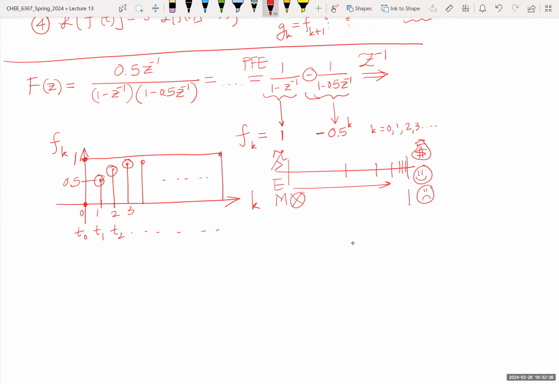So we have that f of z is this expression. So I can make this f of z to be the transfer function corresponding to part of it, which is 1 minus 0.5 to the k.